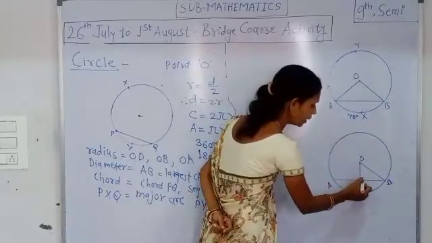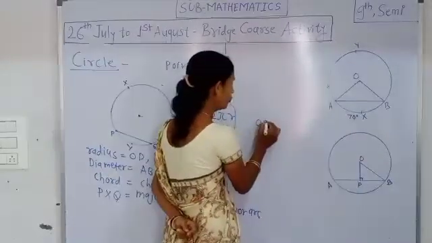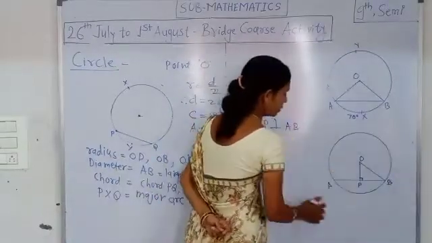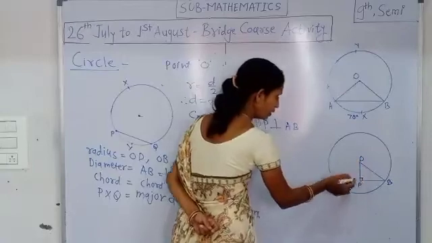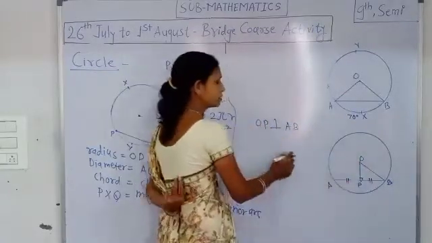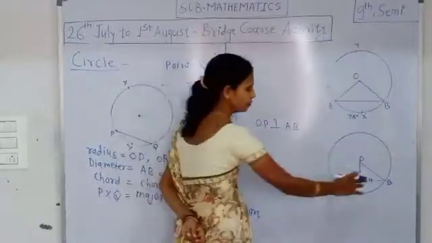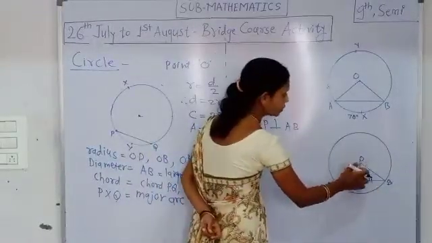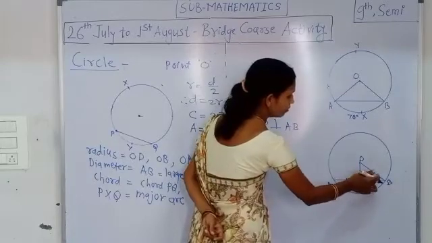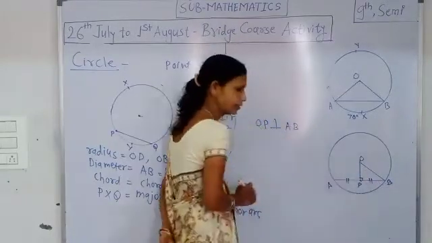Then OP is perpendicular to chord AB, and that OP bisects that chord. If a perpendicular is drawn from the center of the circle on the chord, then it bisects that chord.